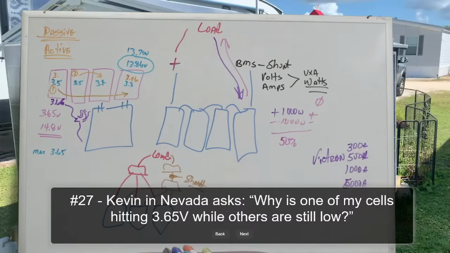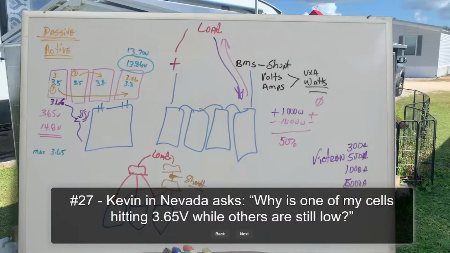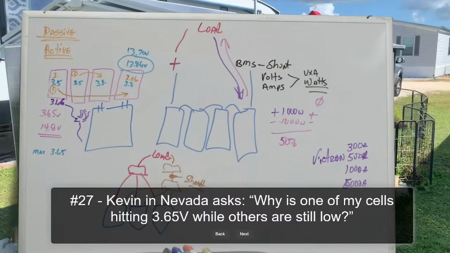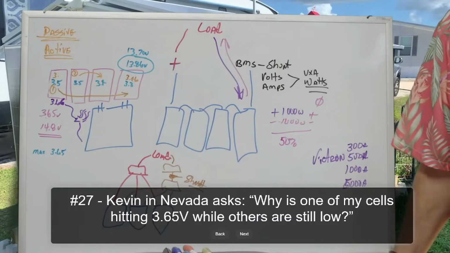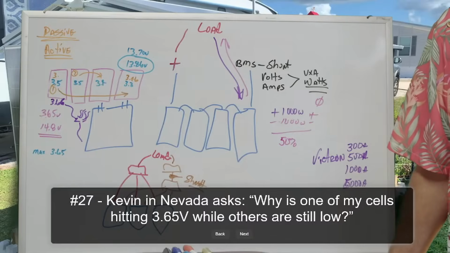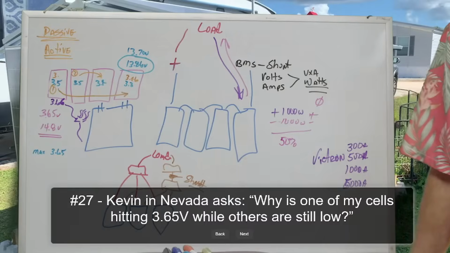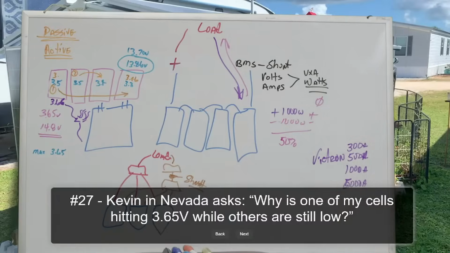Now, if you're very lucky like me, you can get a battery bank that can handle 5 millivolt balances, but not everybody is going to be that lucky. Most of the time, 20 millivolts is a good setting for that. 10 is usually average, 20 is okay, and anything over that you really need to look at what is going on, make sure that your connectors in your battery are good, and that everything is really well there.